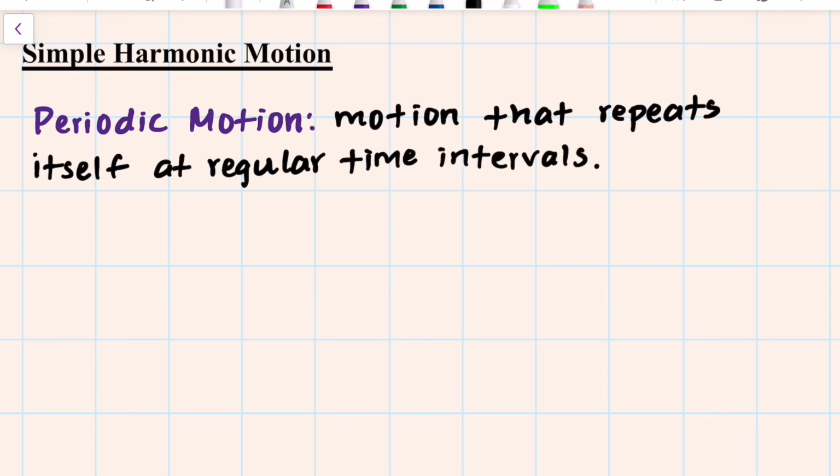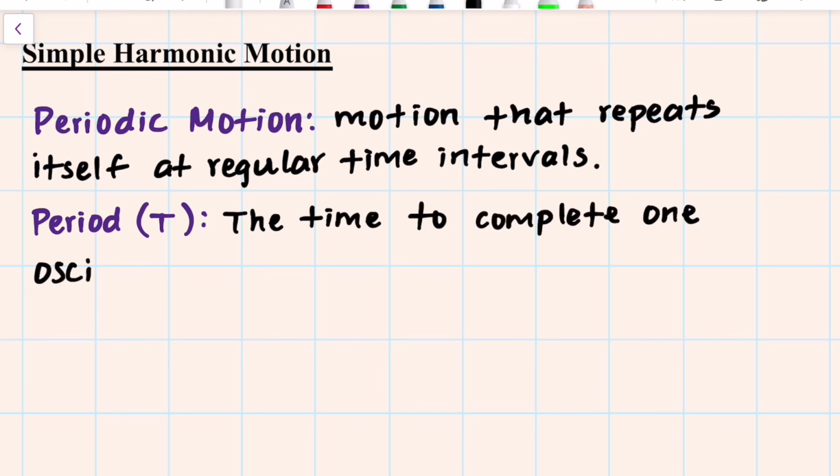It is motion that repeats itself at regular time intervals. For instance, your heart rate, your palpitations can be modeled with simple harmonic motion. Next is period. Period is the time to complete one oscillation, that is moving back and forth from start to end, back and forth, to and fro, or one cycle.